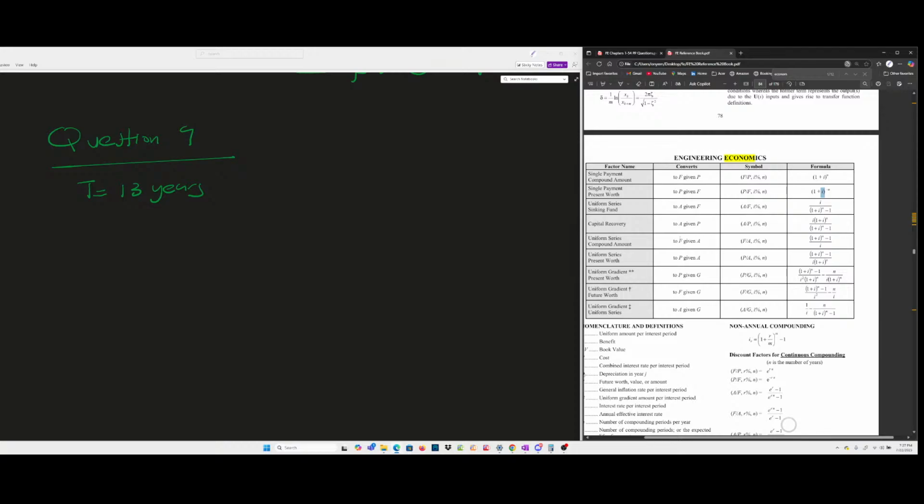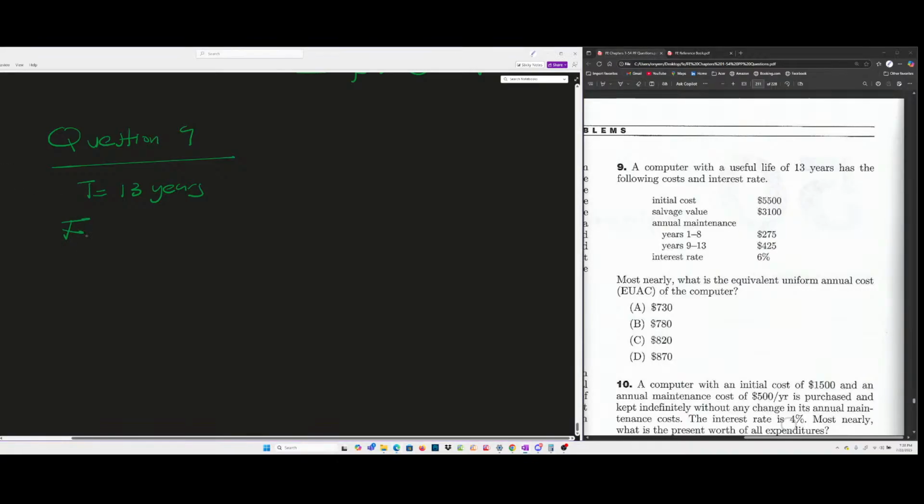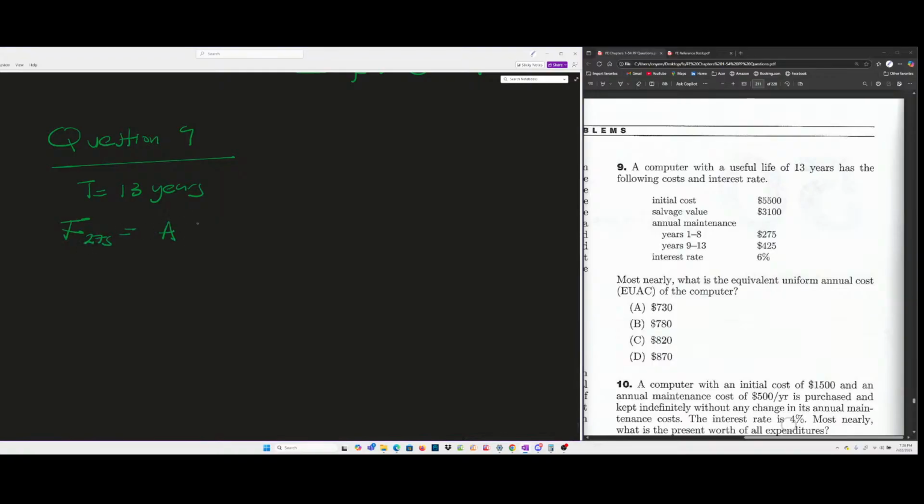For this, we're going to use the uniform series compound amount to work on these two annual maintenance costs. So we're going to have F equals 275 times F over A, 6% at 13, because we're trying to find the future value.